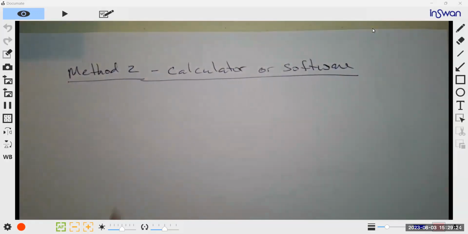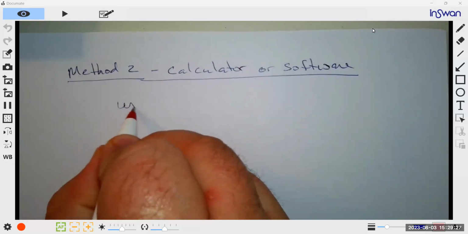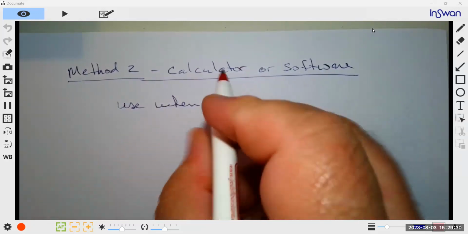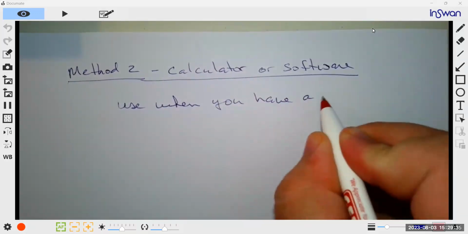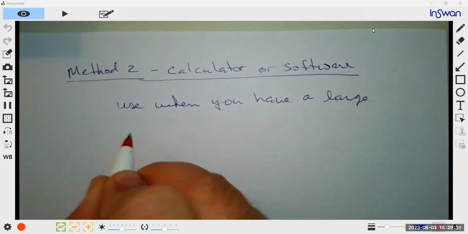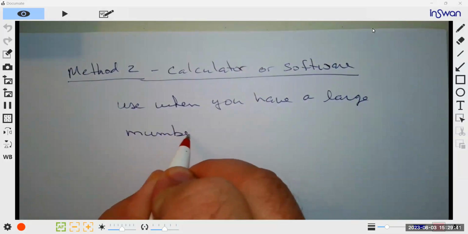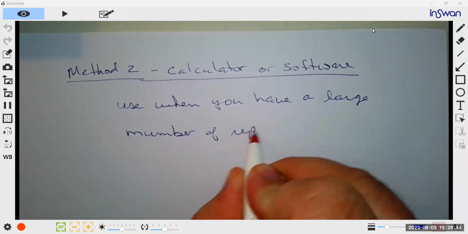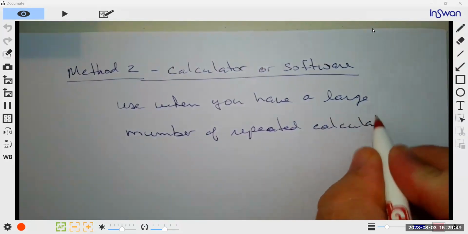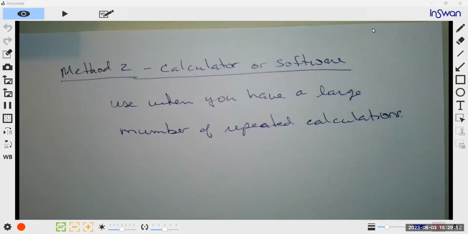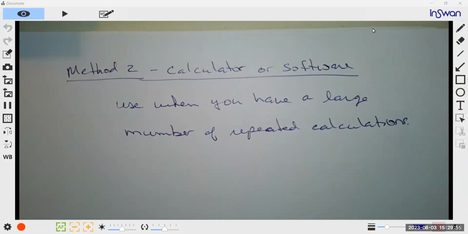So you choose the method depending on which data set you have. The number of repeated calculations over and over and over.